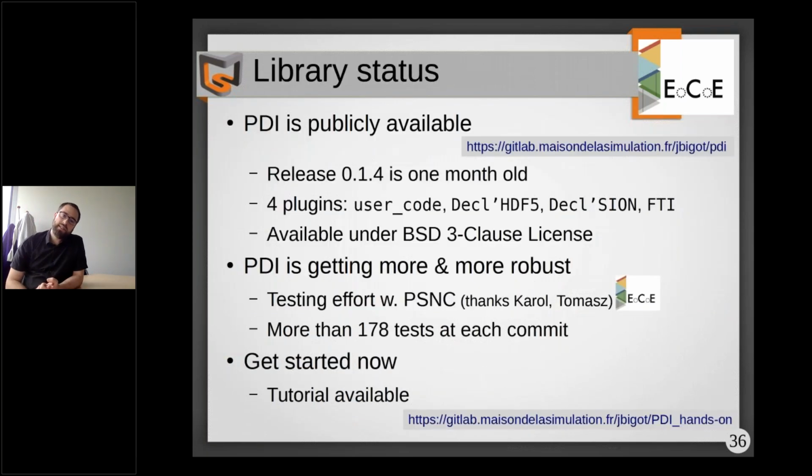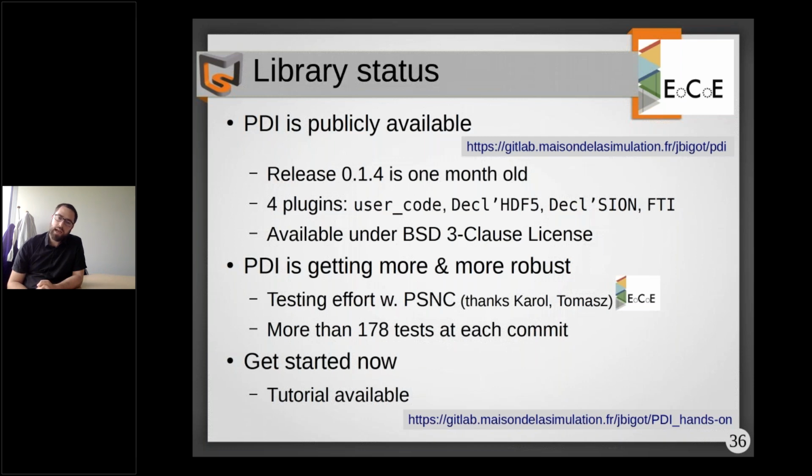So what is the current status of the library? The library is publicly available. We have a few releases, and the last one, 0.1.4, is about 1 month old. There are currently 4 plugins available. The user code plugin that enables you to write any function to use the data provided through PDI.